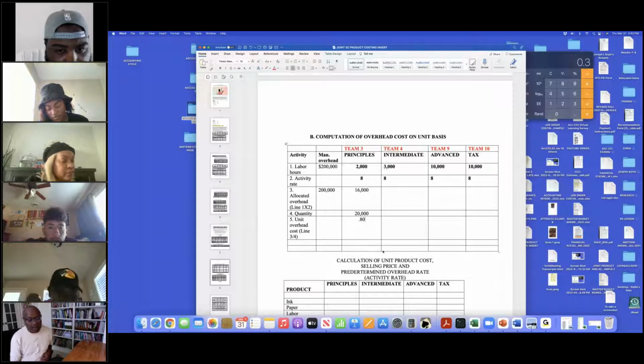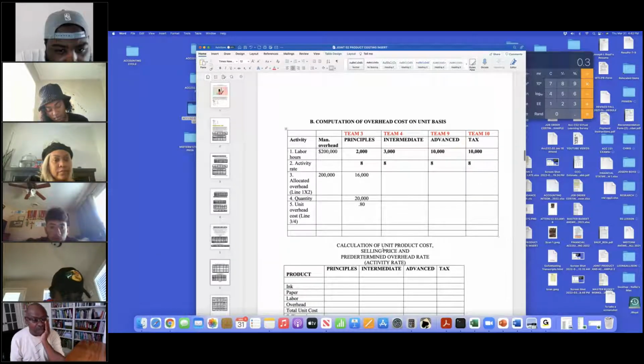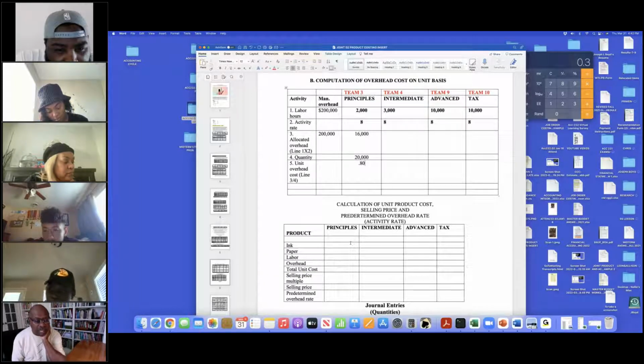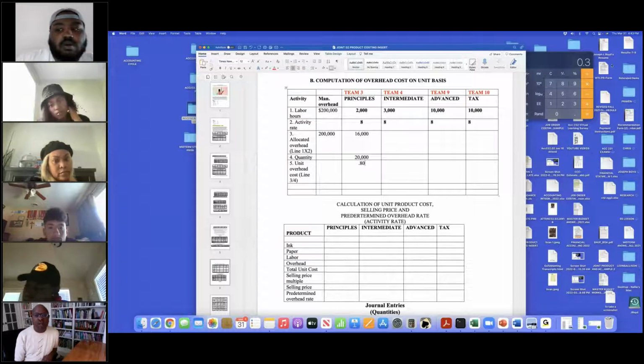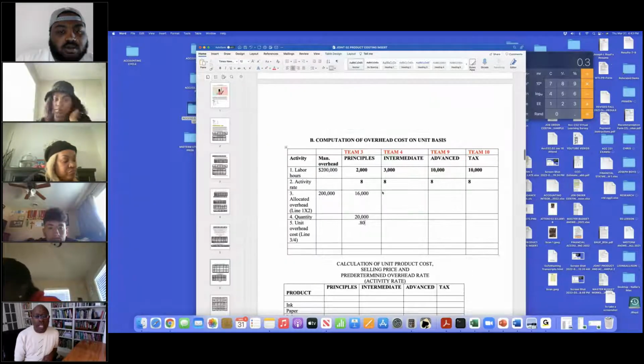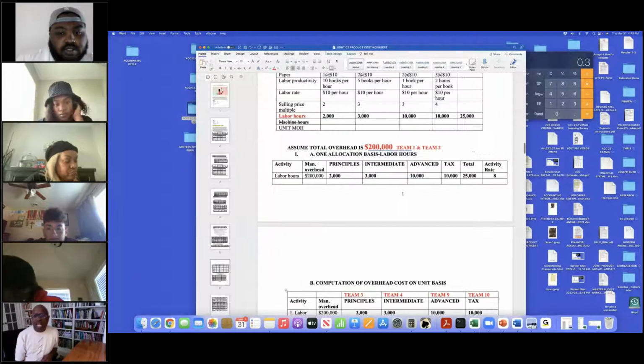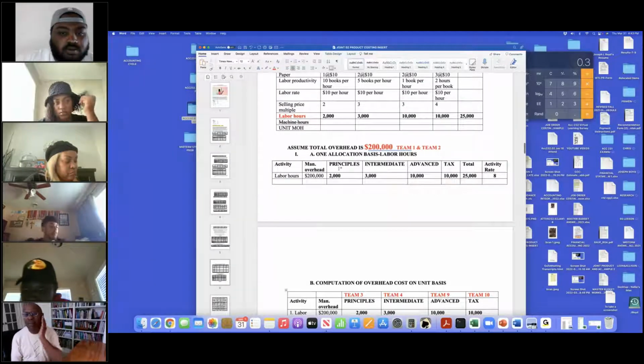So now we've got to fill out this chart to come up with the unit cost, selling price, and POR for the principles book. So I'm going to give you about another 7 or 8 minutes to do that. Are there any questions on any of this so far? Are there any questions on these hours, or the activity rate?